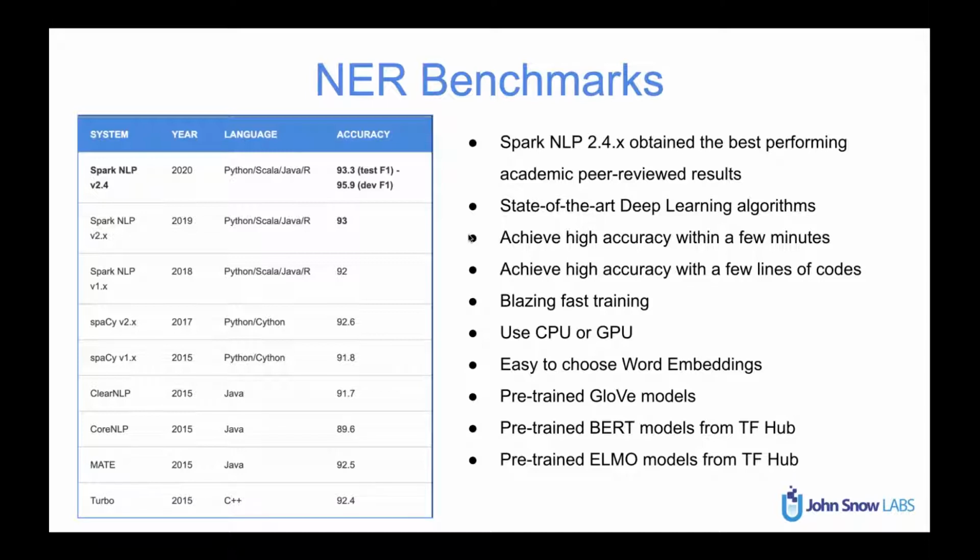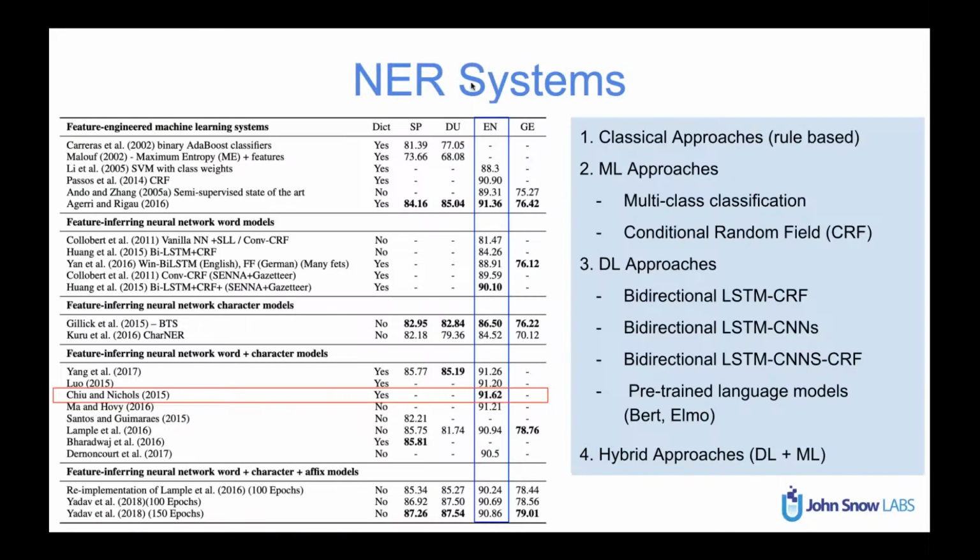We also have easy to load pre-trained word embeddings already included in Spark NLP, like GloVe, BERT, and ELMo. These are the algorithms that I'm talking about. Spark NLP is adapted from this paper, and we also added some CRF layers on top of that. As you can see in this paper, this was the highest state-of-the-art result in the English language.